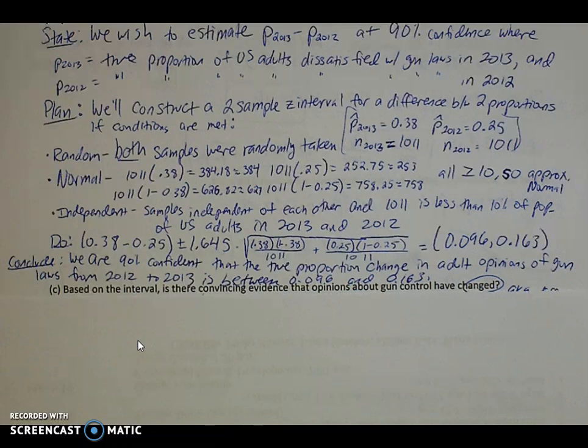So you do have to say something about either the difference of proportions or the change in proportions, because that's what we were estimating here, right? The difference in those proportions.